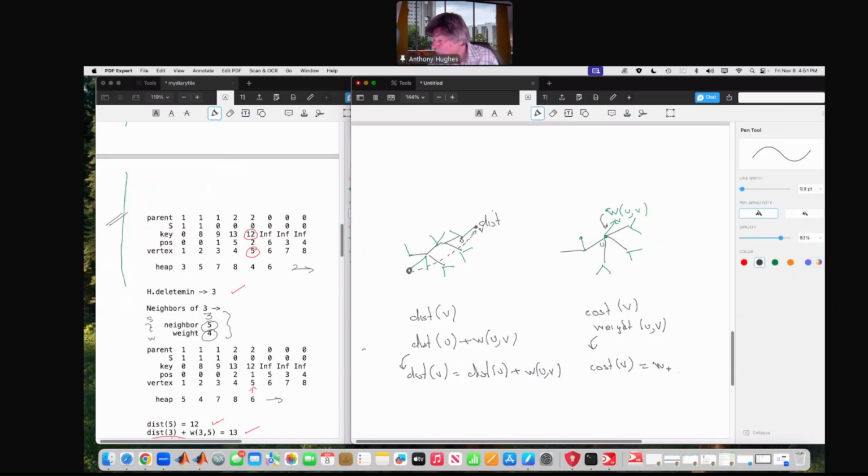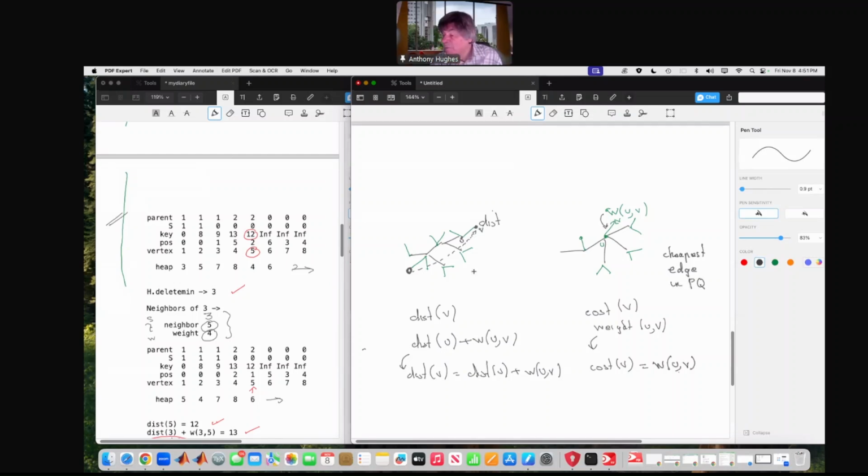W UV. So what you're doing in this one is adding the cheapest edge each time, the cheapest edge that's available to us. We're on this one, so this is the cheapest edge. Sounds familiar. Remember the cheapest edge in the priority queue.